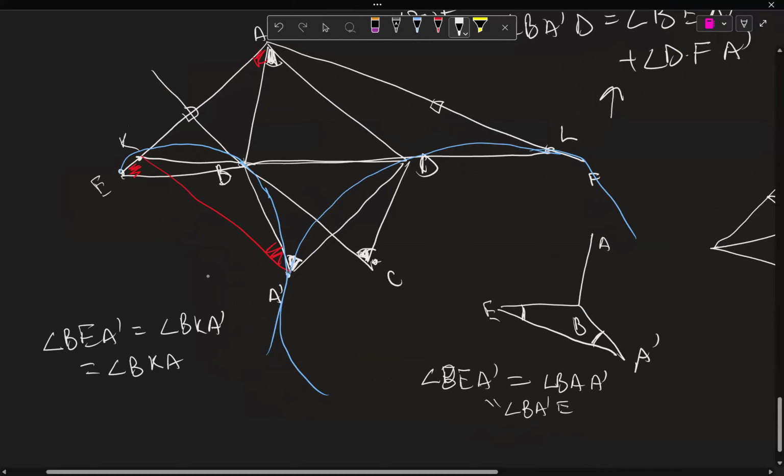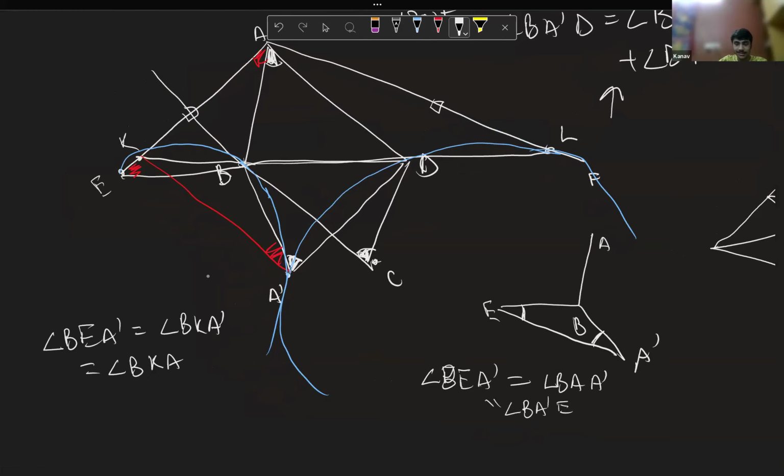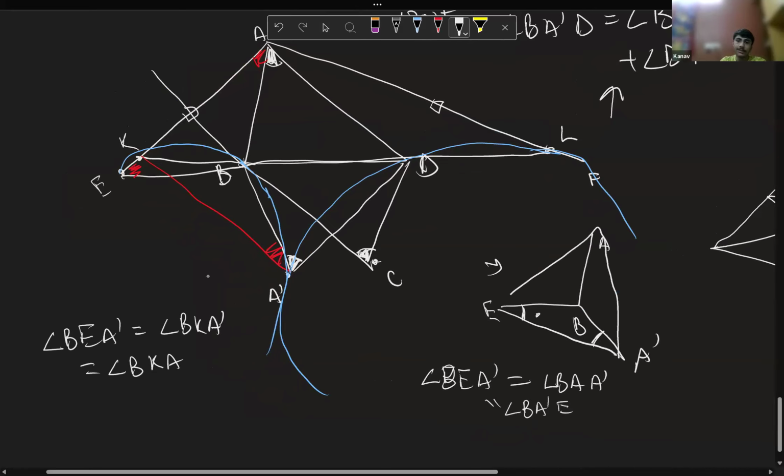Correct. You said we just get rid of the K and L points. I had a different idea in mind. This also works. I had the circumcenter idea in mind. From this angle, you can relate it to this angle. This is equal to 90 minus theta, if this is theta. That was my idea. But sure, this works as well.